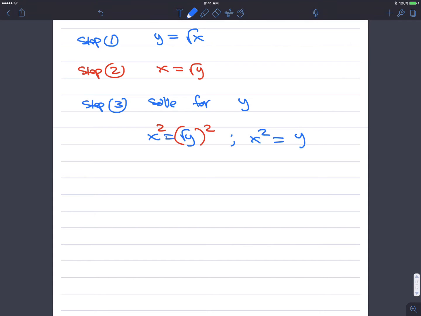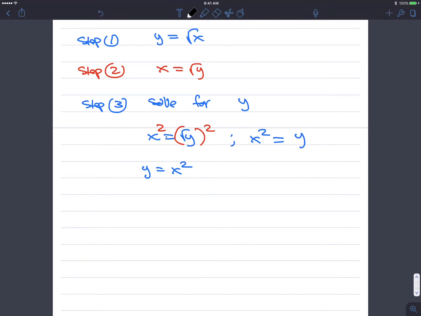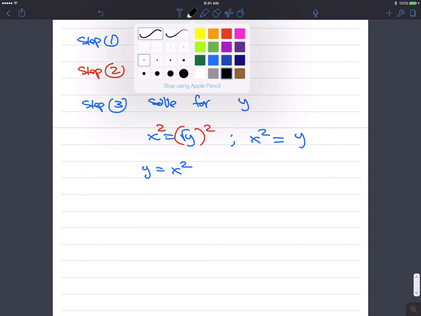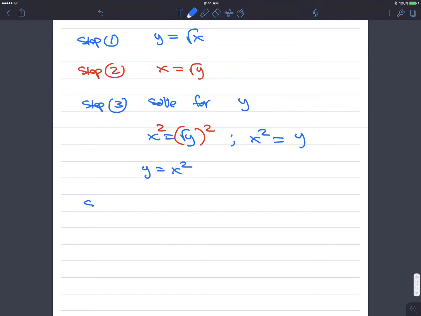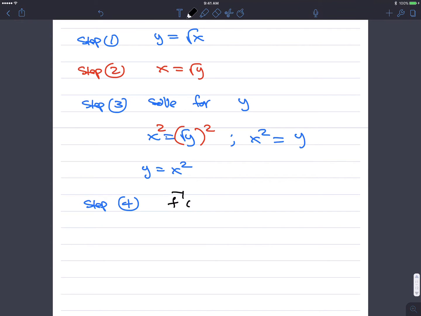Good job. I told you these are easy. And what's the last step? Step what? What's step 4? The inverse is what? X squared.